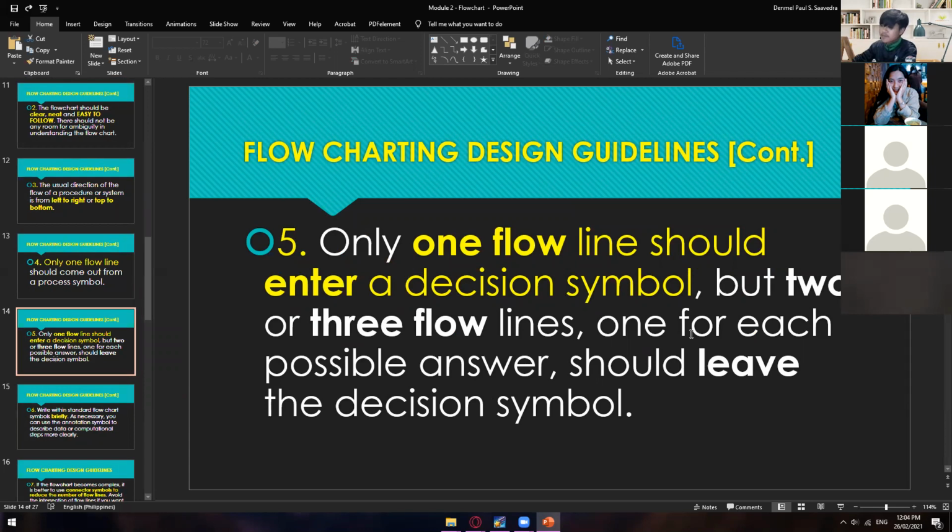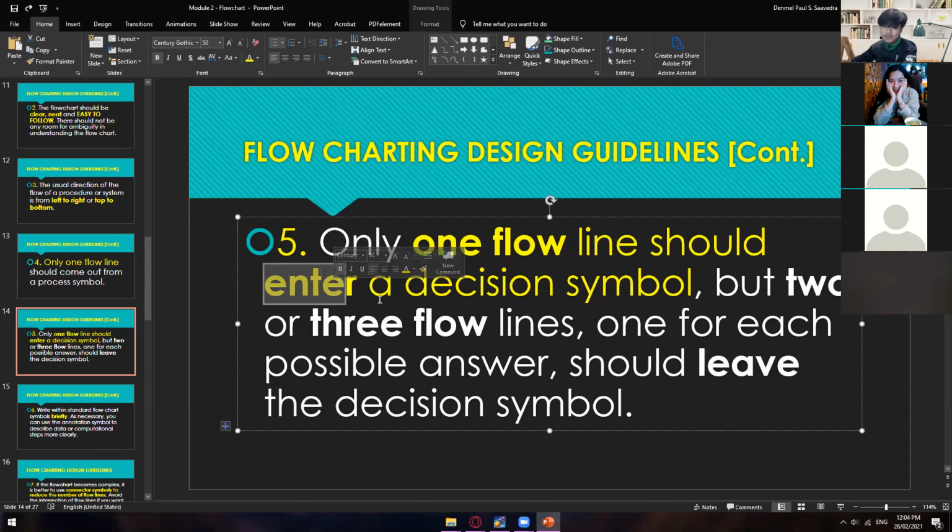Just like what I mentioned a while ago, in your diamond you can have three outputs, three flow lines going out, but there must be only one going in, or entering, your decision symbol.